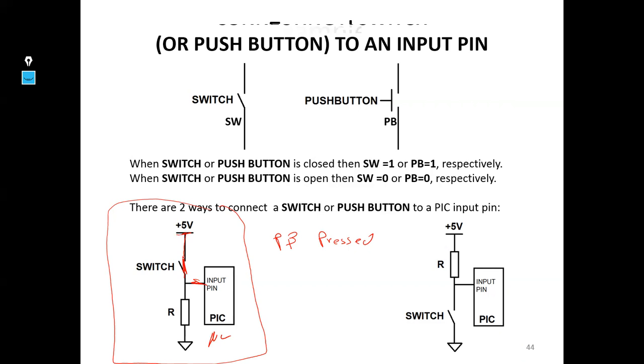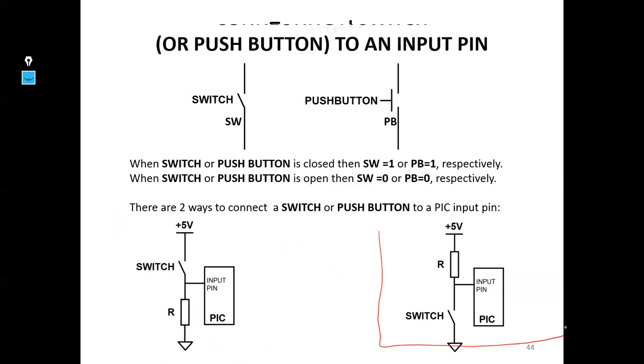So we have VCC connected to the input pin, so here we have the logical value 1. Now, let's suppose the push button is released. What is the value that we have? 0. We have an open circuit here. We have this resistor connected to the ground, so this bit will be connected to the ground. So if the push button is released, we have the logical value 0.